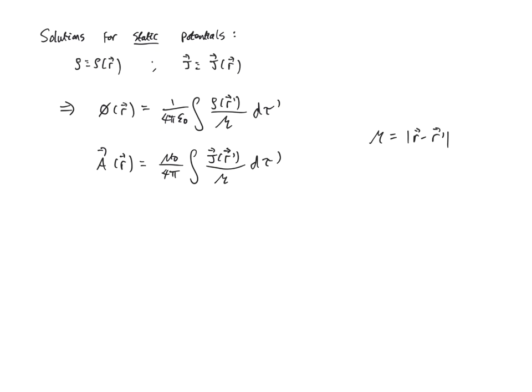So what about the general solutions in the dynamic case, when the charge distributions and current distributions depend on time, and the potentials also depend on time? How do these equations get modified? Well, we know that now we have to solve inhomogeneous wave equations. What are the general solutions?